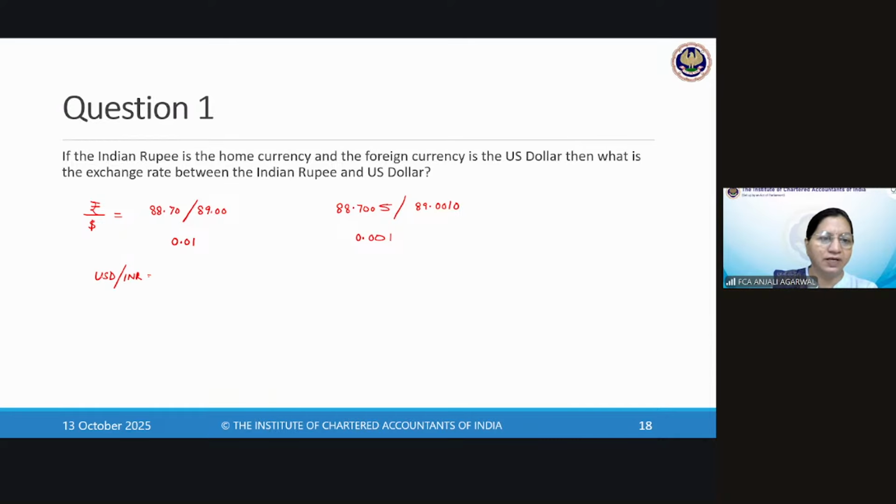Here it indicates 1 USD is equivalent to 88.70 INR when you are going to sell USD. So you end up getting 88.70. Sell USD means as a merchant, equivalent to the dealer will buy.